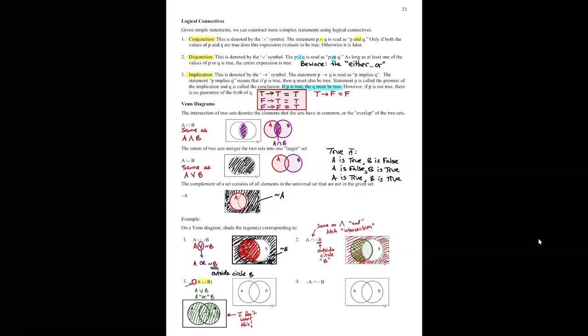This is saying the opposite. Here I shaded inside both of the circles. So I'm going to do the exact opposite of that and I'll have my answer. So I'm inverting it.